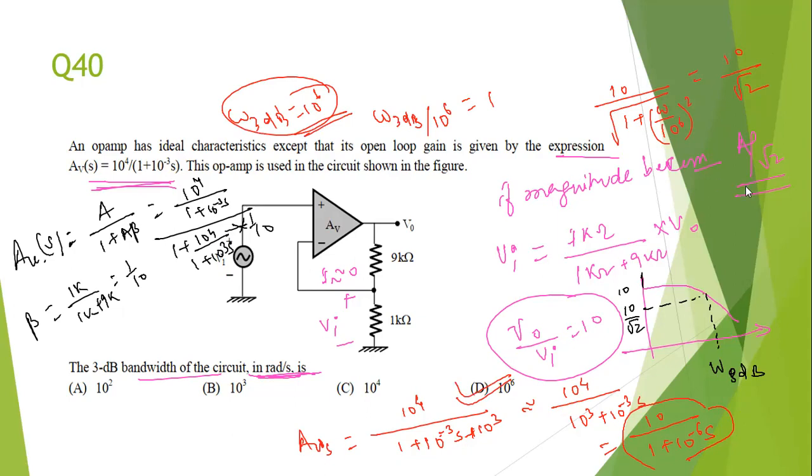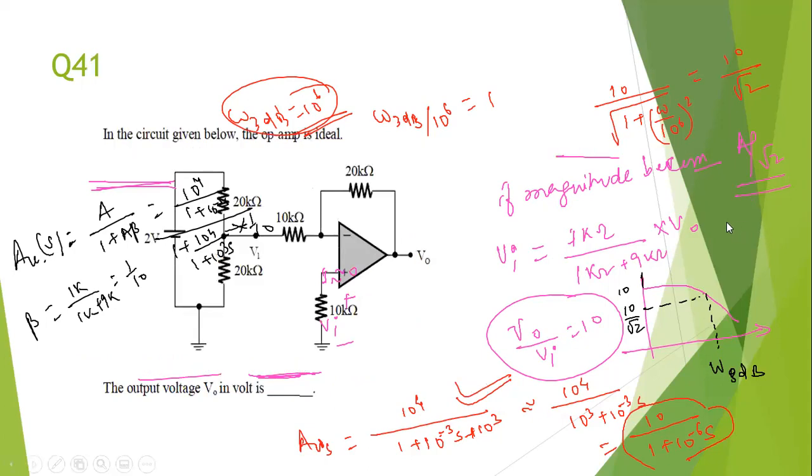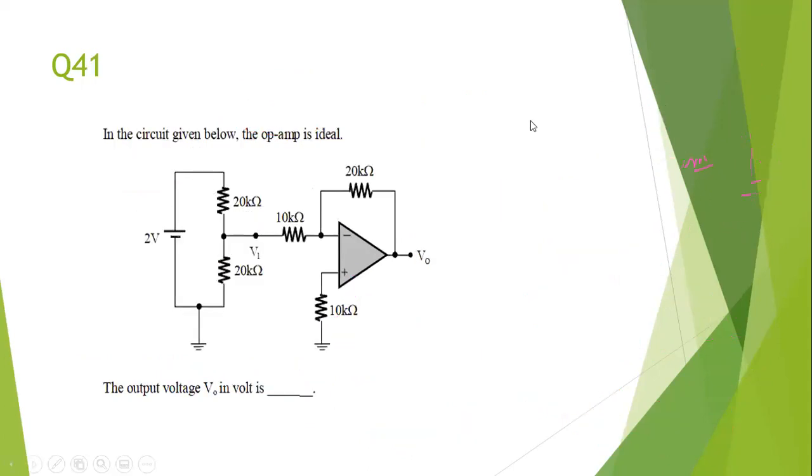Now come to the next question. Find the output voltage V naught. So how can you find output voltage V naught? My dear student, this is ground. This is 2 volt.